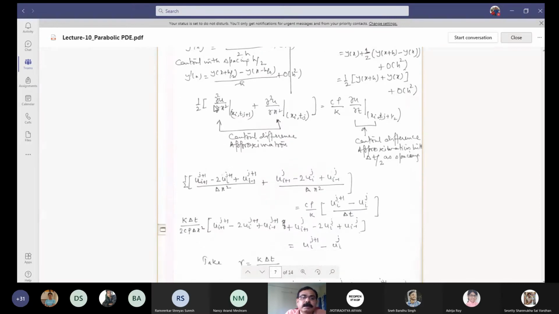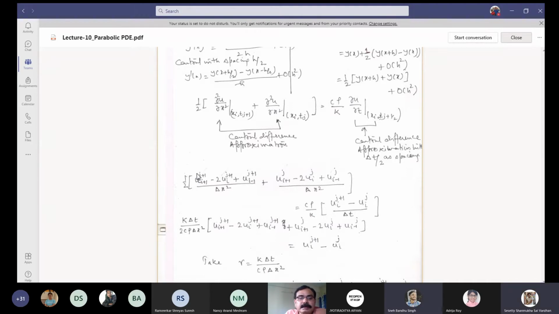So we are using the central difference for del u by del x square at x_i, t_j plus 1. Here it is written as u_i^(j+1), where the superscript is j and the subscript is i, meaning the subscript corresponds to the x part and the superscript corresponds to the t part.